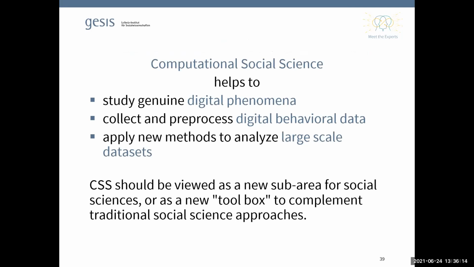And it can help by developing new types of methods to also analyze large-scale data sets of different sorts. So that's the approach of computational social science. And it should be viewed as a new sub-area for social science research, or as a new toolbox to complement traditional social science approaches that might be suitable for some cases and less suitable for others, for example.